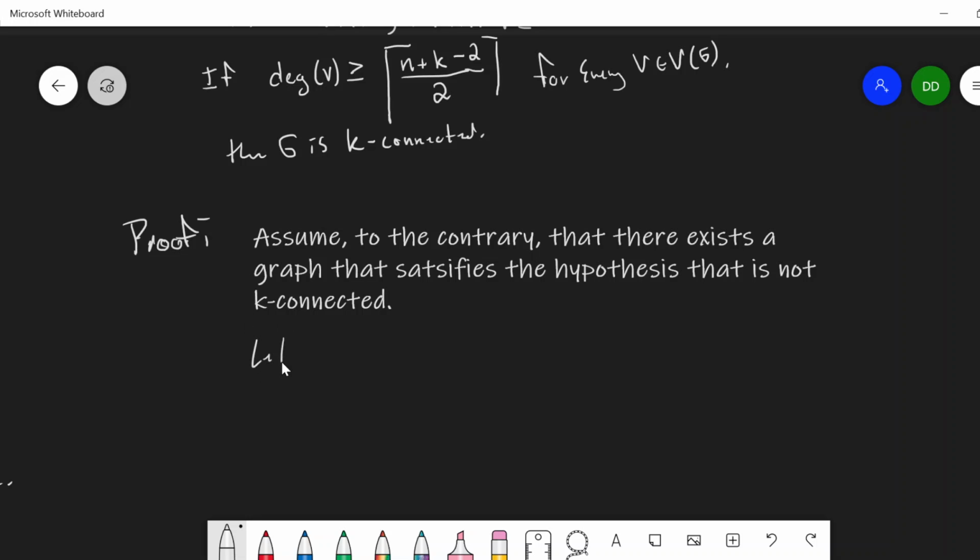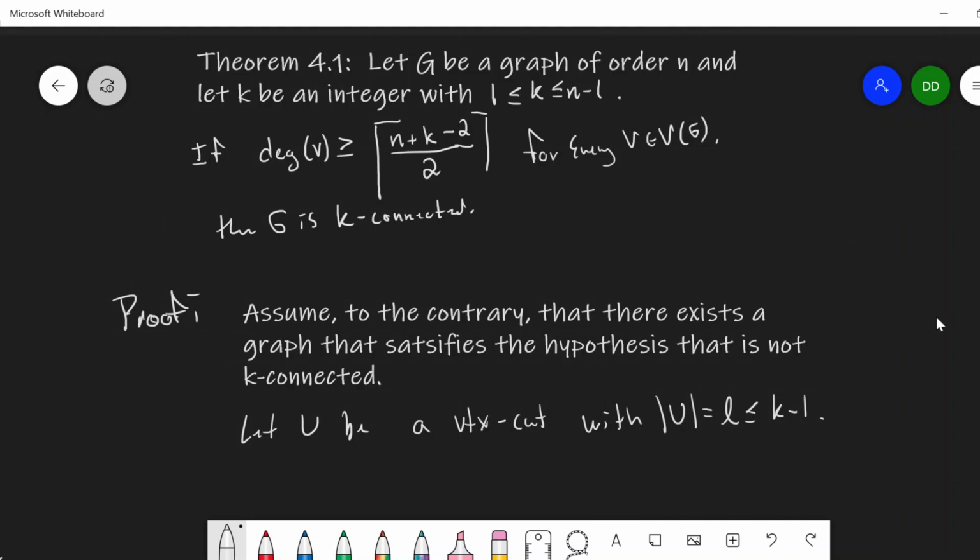So let U be a vertex cut with cardinality equal to L that's smaller than k minus 1. What I'm going for here, since we're assuming the contrary, is a contradiction: that it doesn't actually satisfy the hypothesis.